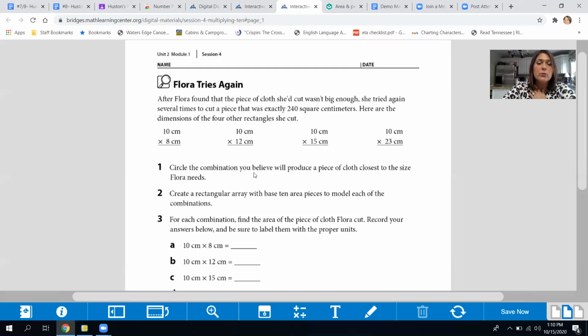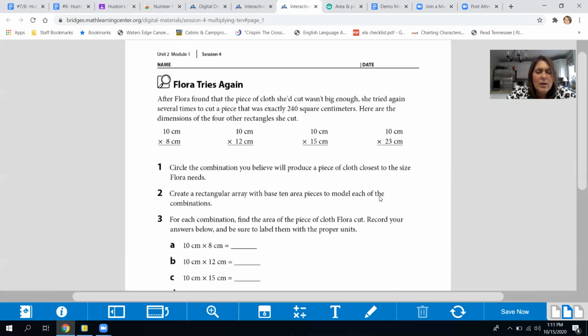Circle the combination you believe will produce a piece of cloth closest to the size Flora needs. I think now you'll probably know what that answer is. And then I want you to create a rectangular array with base 10 area pieces. You can just draw that. You can use graph paper, which is in the back of your Bridges book, or you can just simply draw this and put the blocks in that drawing that you do, even on this paper or in your notebook is fine.